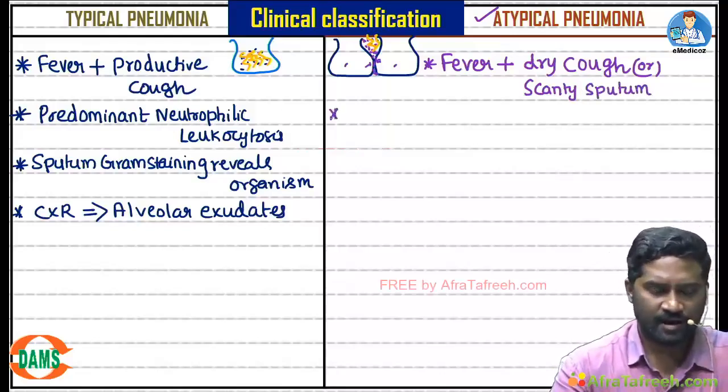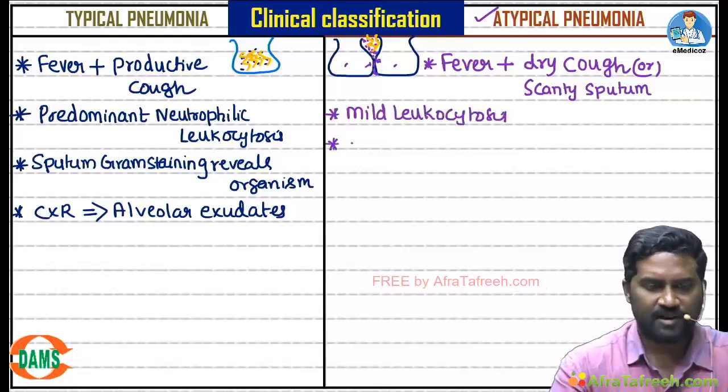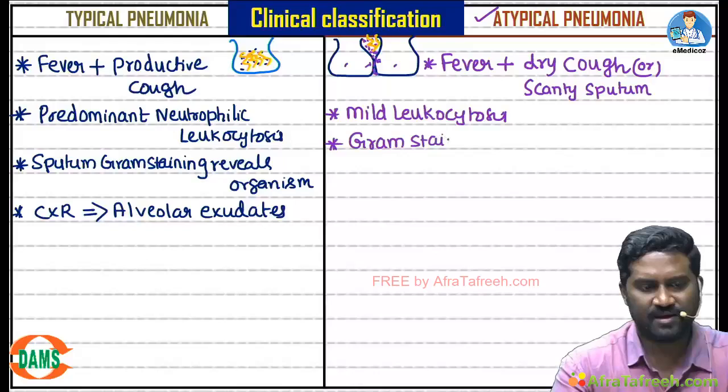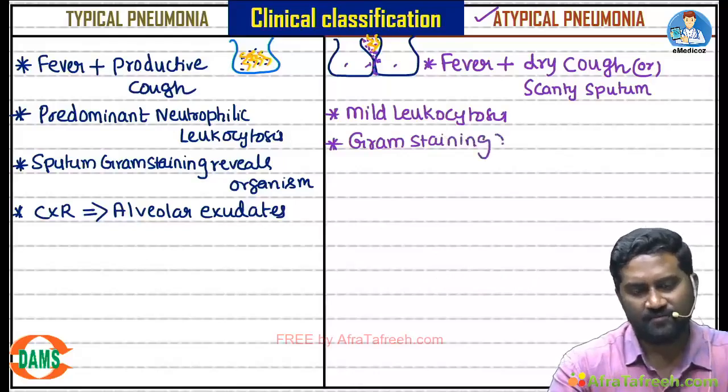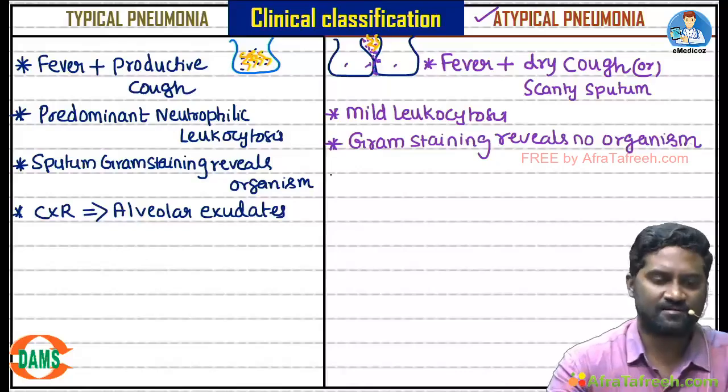Then here I notice only mild leukocytosis. If you collect these secretions and see under the microscope, generally gram staining reveals no organisms, because organisms are not residing in the alveoli, they are in the interstitium.